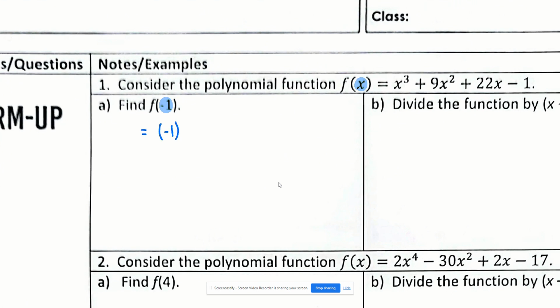So we start with that first one, x cubed. So in parentheses, negative 1, close parentheses, cubed, plus 9, open parentheses, negative 1, close parentheses, squared, plus 22, open parentheses, negative 1, close parentheses, minus 1.